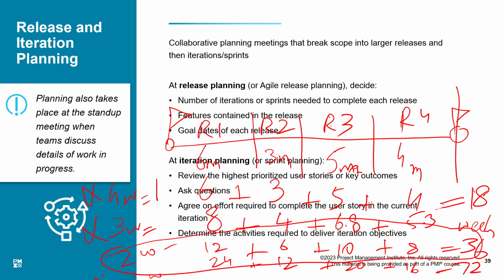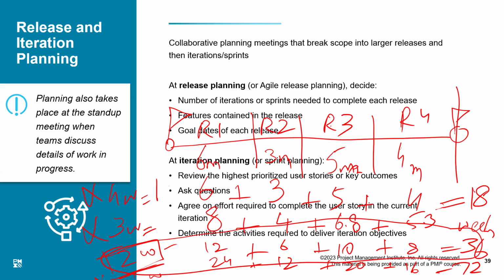But that means we are having larger iterations and we should have smaller iterations, right? Two is an average. I have a good option of 1, 2, or 4 weeks. So 4 is too big, 1 is too small, and 2 is most appropriate. So I decide that my iteration size is going to be 2 weeks. This is how we make this decision.